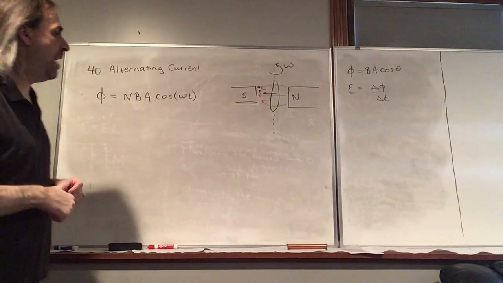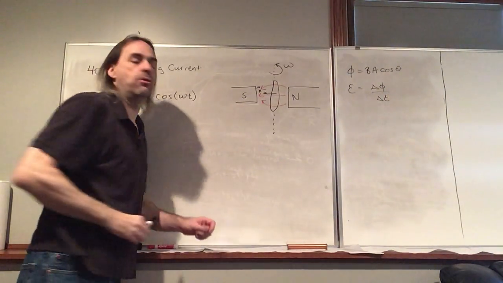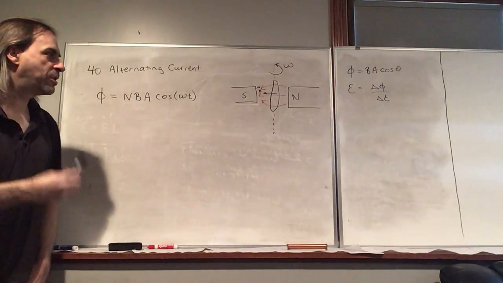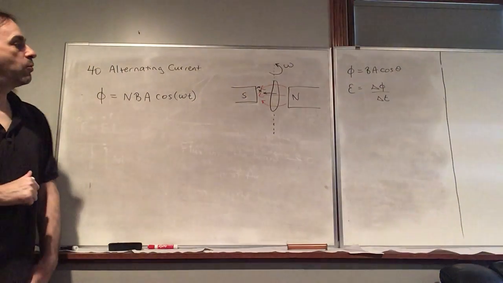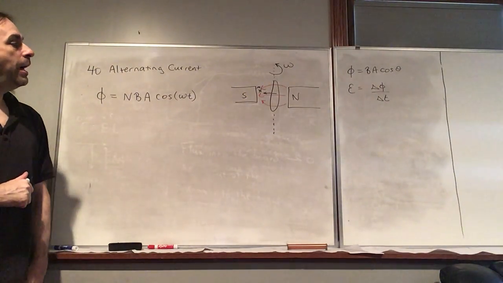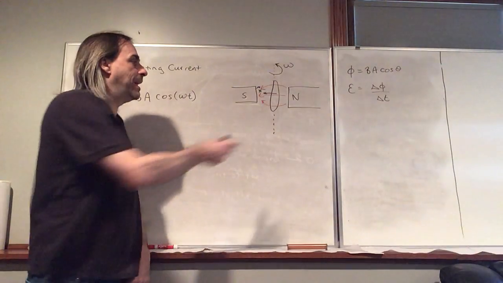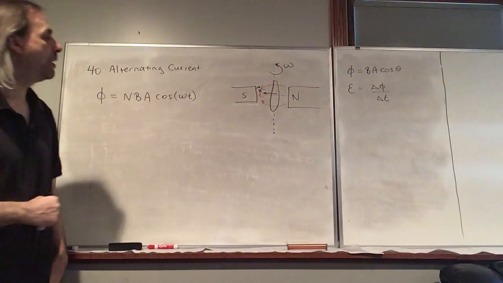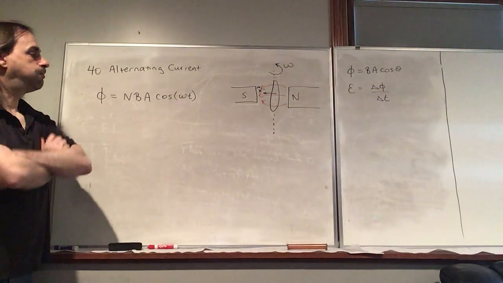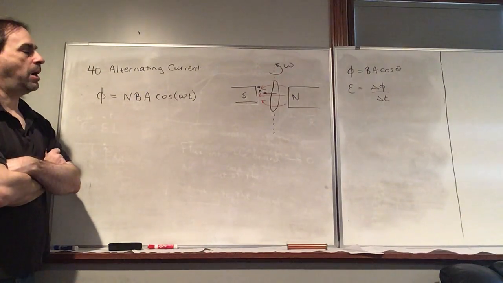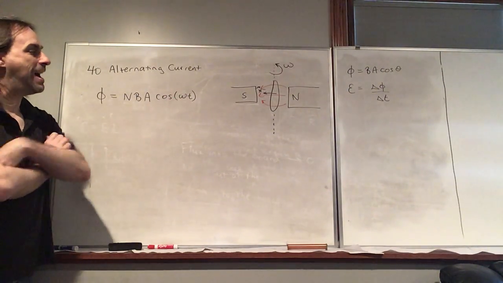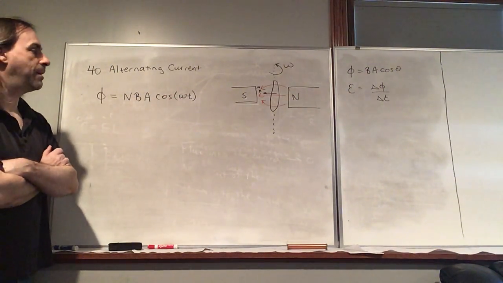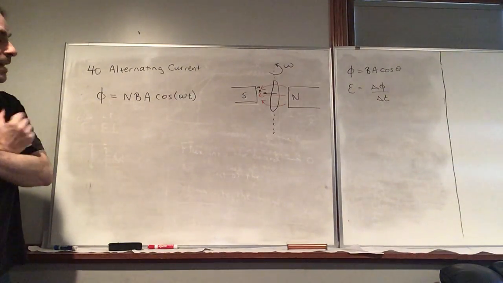Omega is the angular frequency, that can be used to define how long it takes to complete one rotation. And so if we go through 2 pi radians, one complete rotation, then the time it would take would be the period.